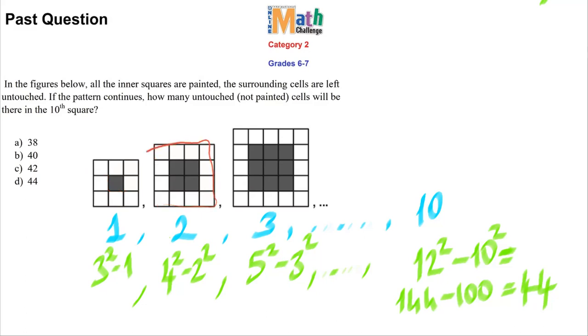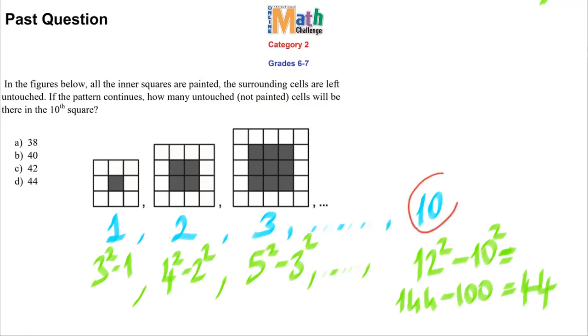And for the second one, the whole shape is 4 by 4. So 4 times 4, the whole, minus 2 times 2 will give us the white ones. Same rule we follow here. So 5 times 5 gives the whole, and 3 times 3 gives the shaded ones. When we subtract, we get the white ones.